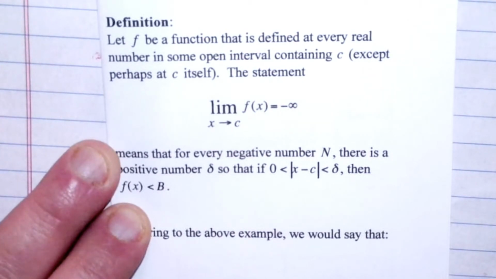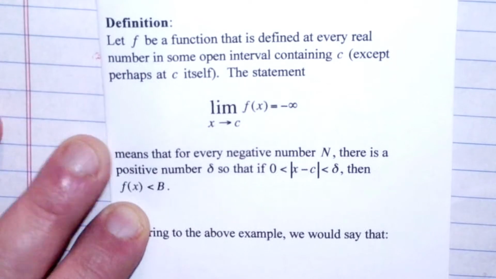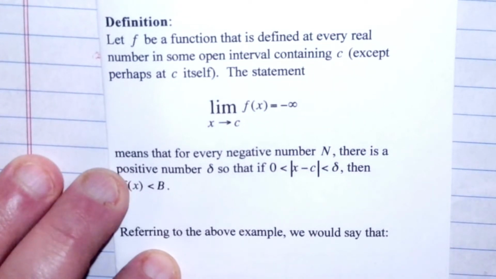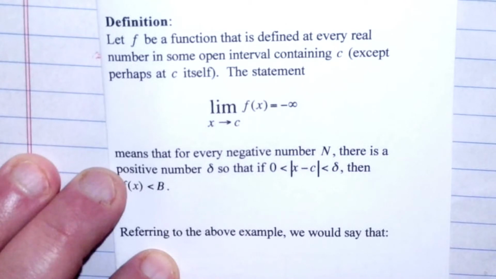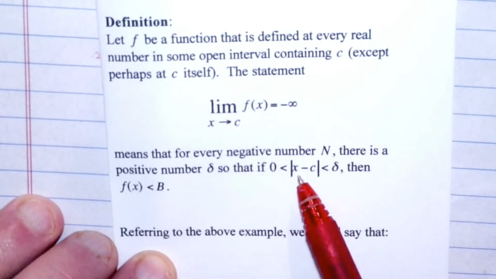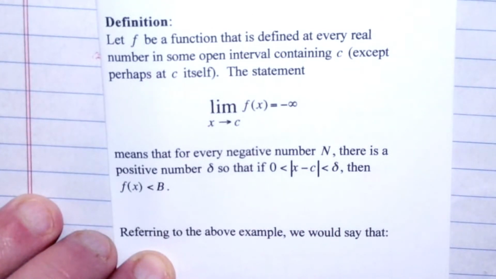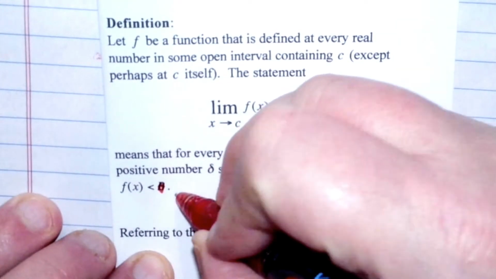Pardon me. So now we have another definition. Let f be a function that is defined at every real number in some interval containing c except perhaps at c itself. Then the statement, which we will read as the limit as x tends to c of f of x equals -infinity, means that for every negative number n, so I'm thinking of n as a very negative number, there is a positive number delta, so that if x is closer to c than delta, but not actually equal to c, then f of x can be made less than n.